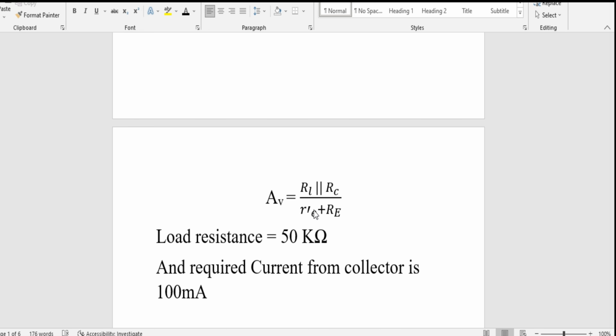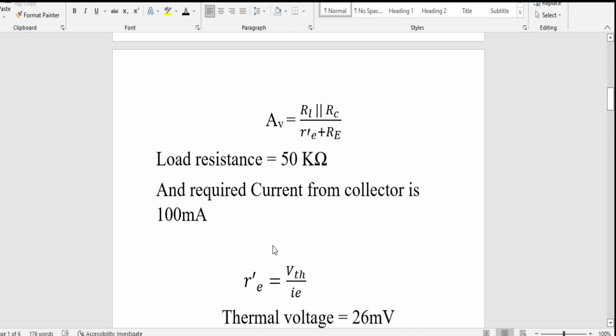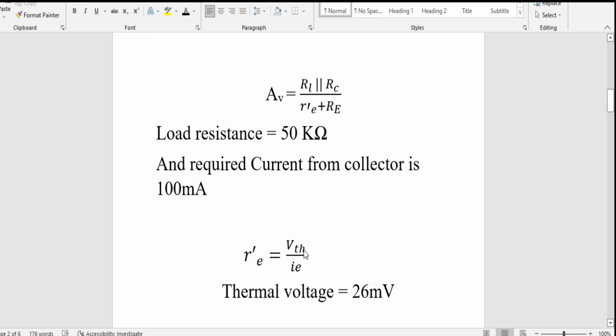RE' is basically the diode internal resistance. What is its formula? It is VTH divided by IE, where VTH means the thermal voltage of the diode, and IE is the current passing through the diode.